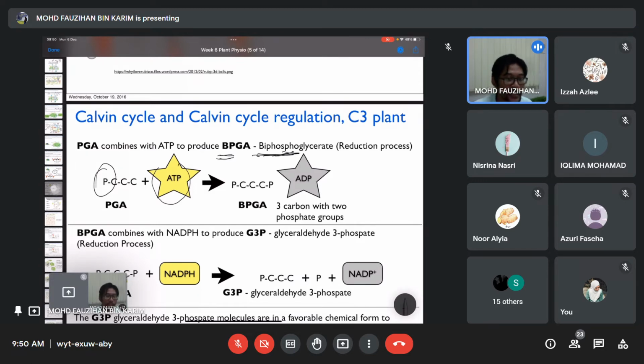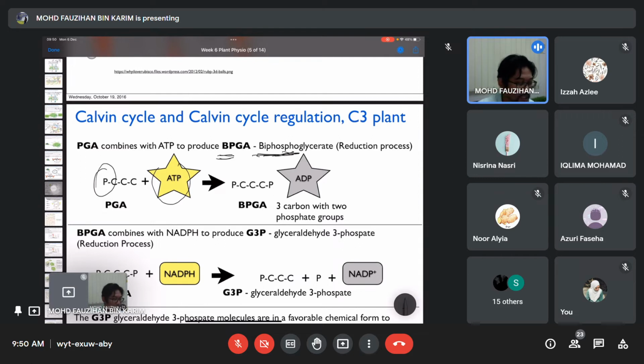Okay, the rest is just whether you can explain what's the process, how the process of making the PGA or BPGA, something like that, right? But every molecule involved in the cycle, you don't have to remember, because saya pun tak ingat, right?